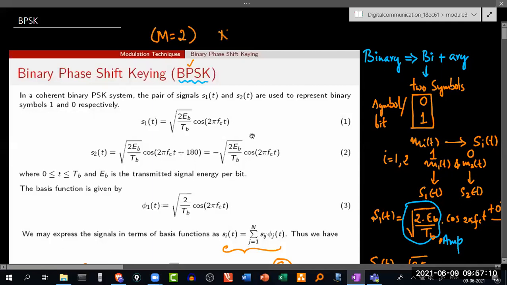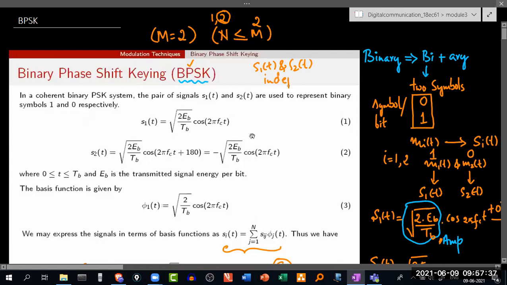That means N should be lesser than or equal to M, so N can take on either 1 or 2. It can take on 2 if the signals S1 of t and S2 of t are independent in nature.